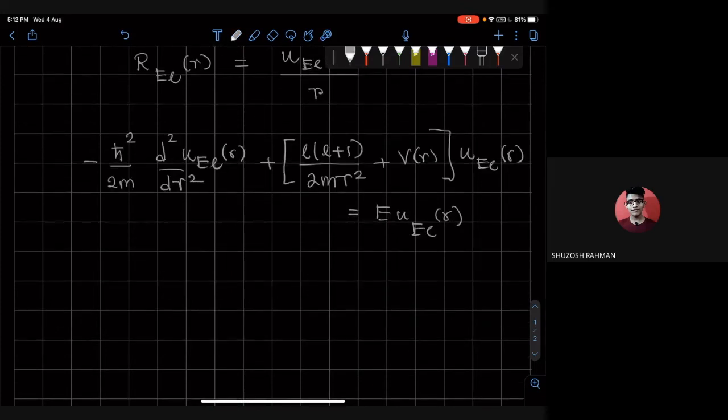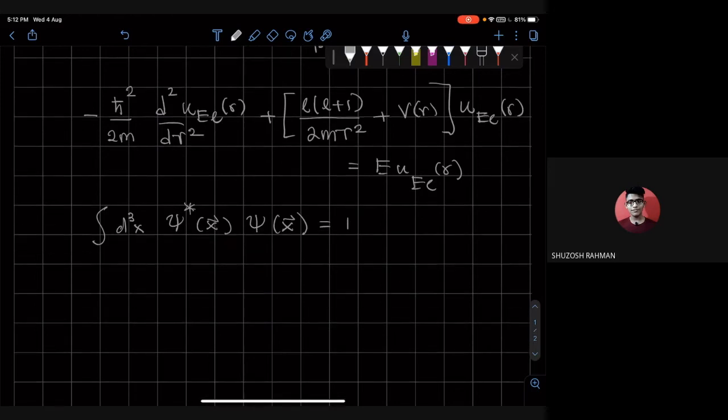Recall that our full wave function is normalized in this way. We have psi star of x at some specified time, and this should give us 1.